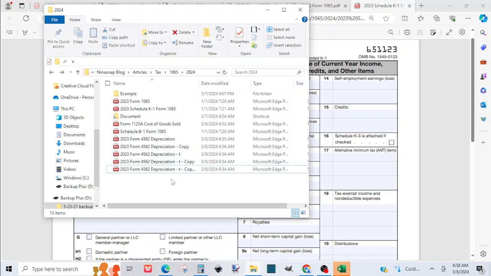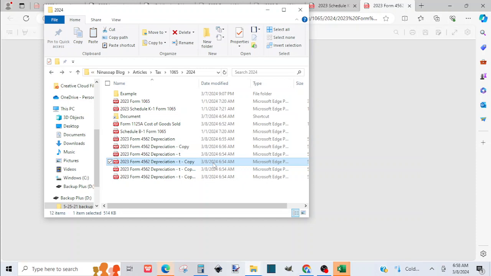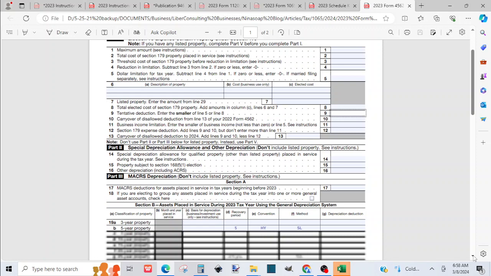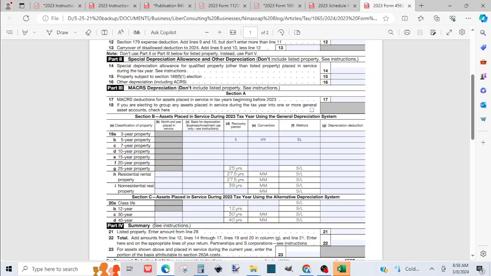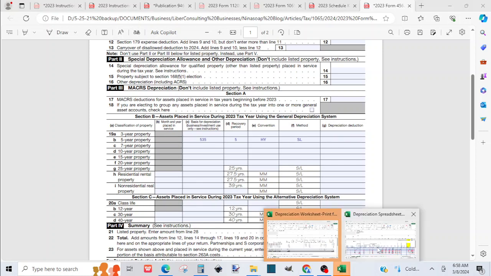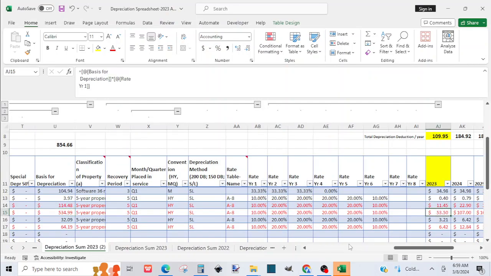For the 4th asset, probably we might need also. And let's open this one. And that will be for 535, and we'll put 535, and the depreciation deduction will be 54.